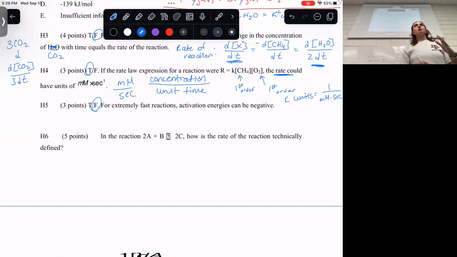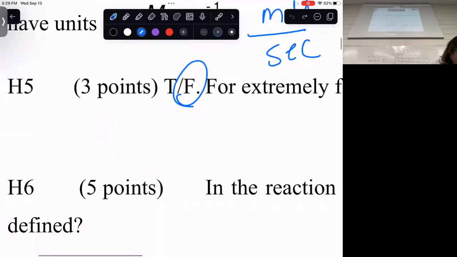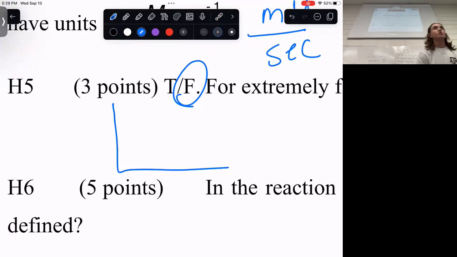So there will always be some sort of hump you have to get over in order for the reaction to happen. If we look at an activation curve, it could start off as reactants and then products.